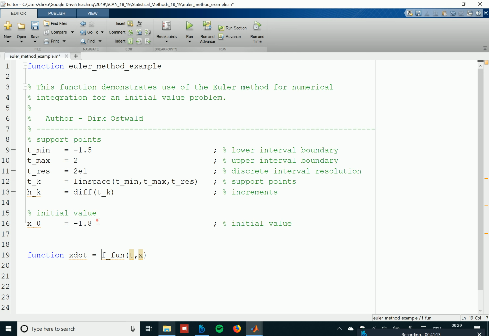So this is the function f(t, x), which returns the rate of change at x.